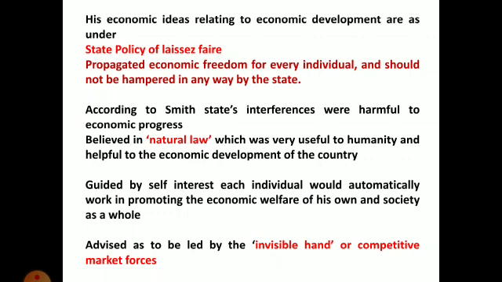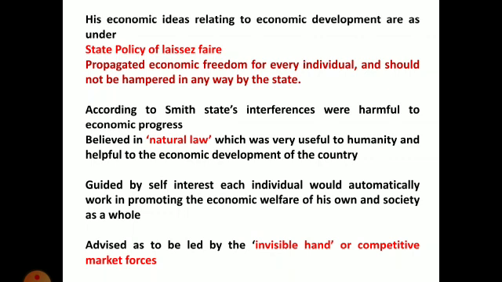Laissez-faire implied economic freedom for every individual, and that should not be hampered in any way by the state. In simple terms, laissez-faire meant absence of intervention by the state, that is, the government.